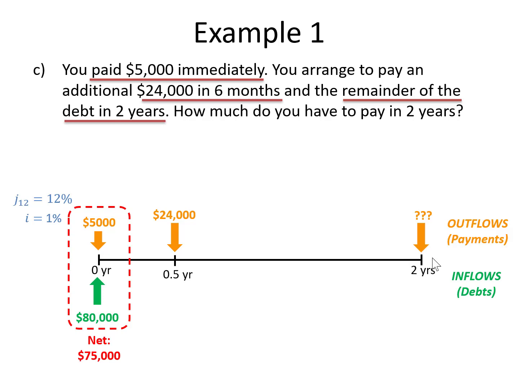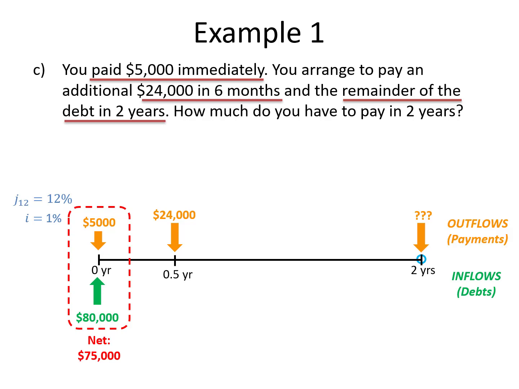So I recommend that we select a focal date that is associated with something that is unknown. In this case, we have one unknown payment right here. That's often a good place to select a focal date to make your analysis a little bit easier. So I select that focal date and I draw that right here. You can see that blue circle right there.